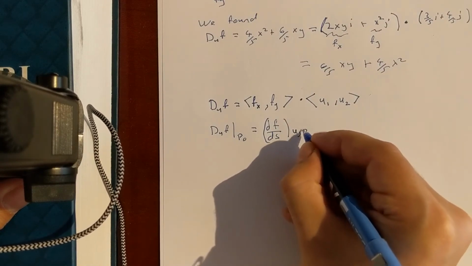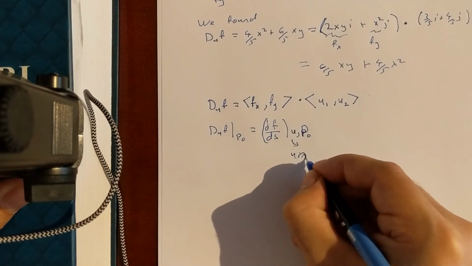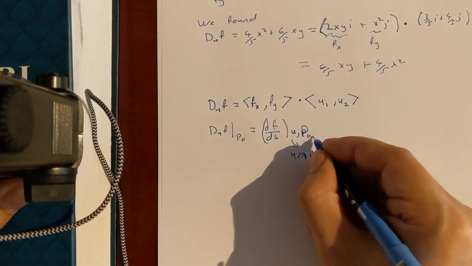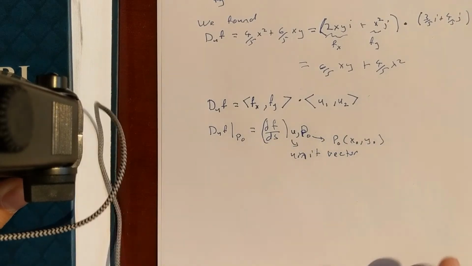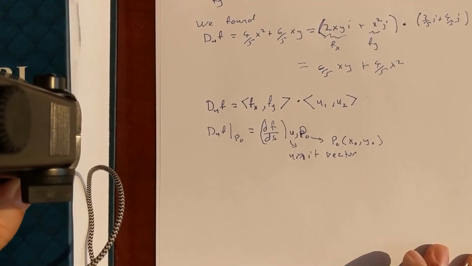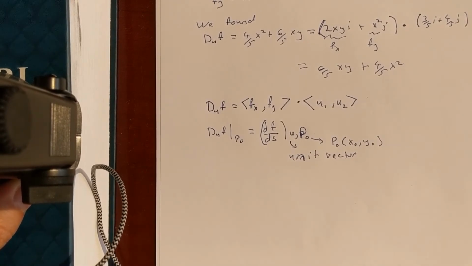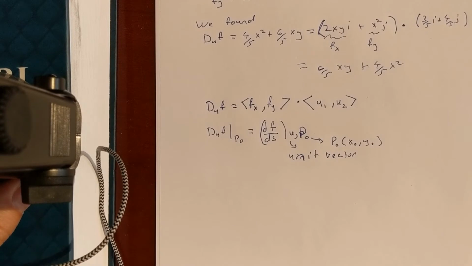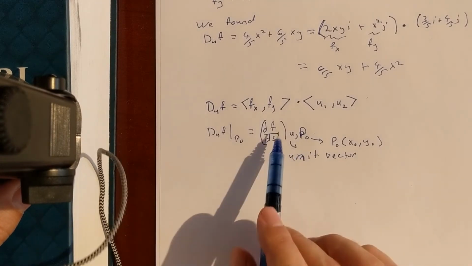This is the direction, a unit vector, and this is a point, P naught, x naught, y naught. It calculates the derivative, the slope of the tangent line, in the direction of the unit vector u at the point P naught on the surface of f. So these are the same thing.